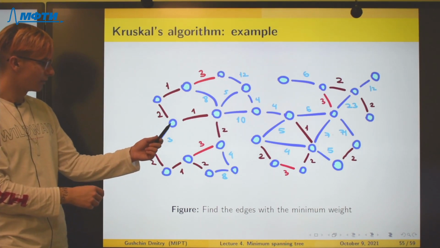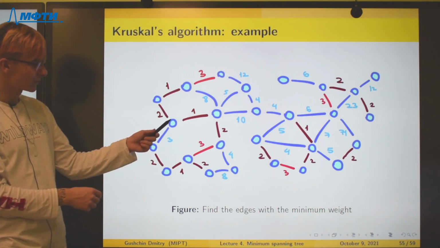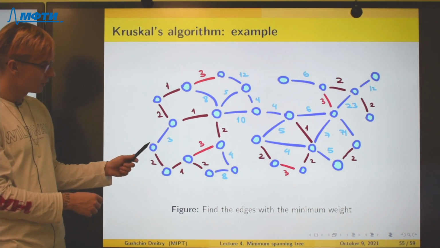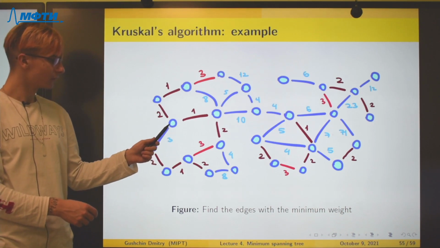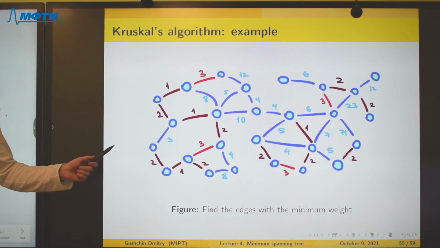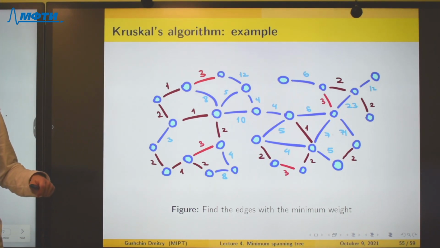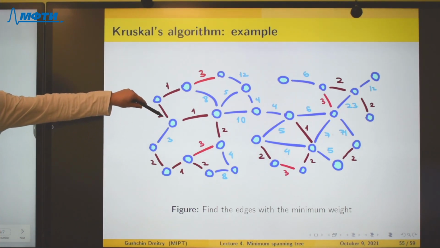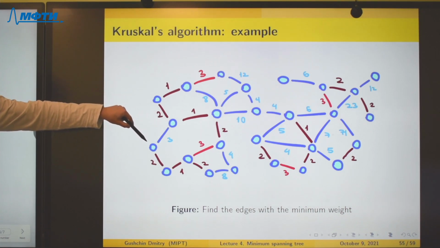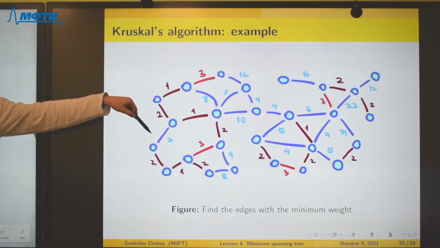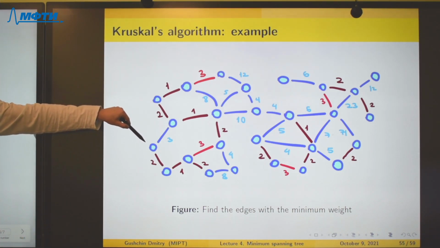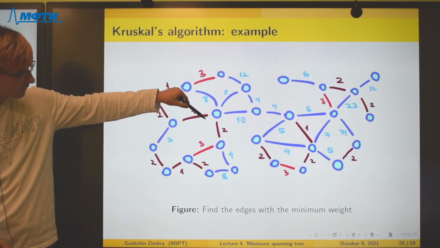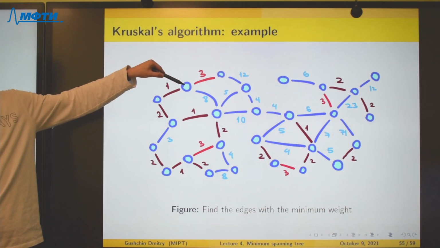For this edge, you can see that this U and V in our forest have already been connected. So we don't add this edge to the forest, because this vertex and this vertex are already in one component.